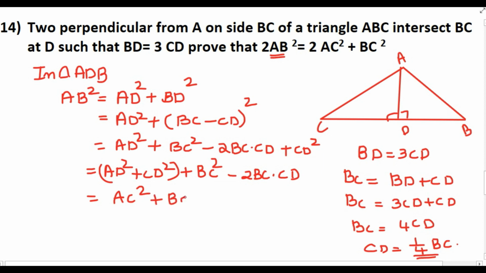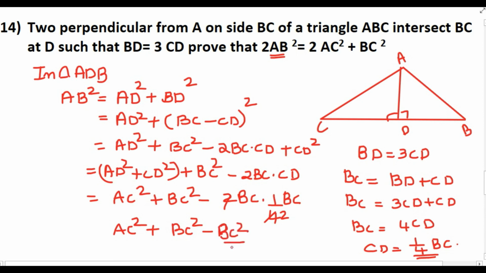So I have BC square minus 2BC into 1 by 4 BC. You can cancel this, so this is 2. Again I have AC square plus BC square minus BC square by 2 equal to AB square, which is there on the left side. Don't forget that.